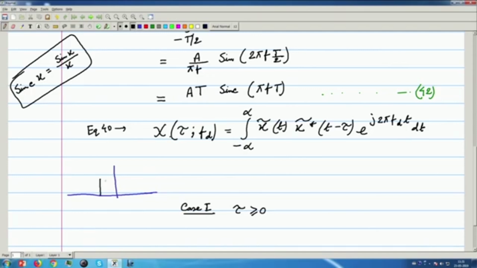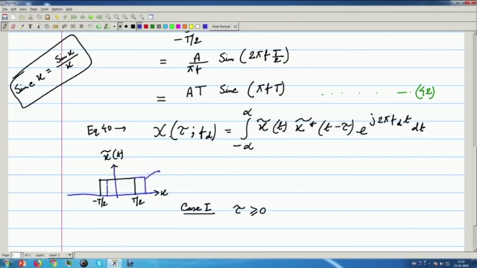My original signal is this, from minus T by 2 to T by 2, in time domain; this is my x(t). Now, what will be my delay? Tau is positive, so my signal will be something like this.